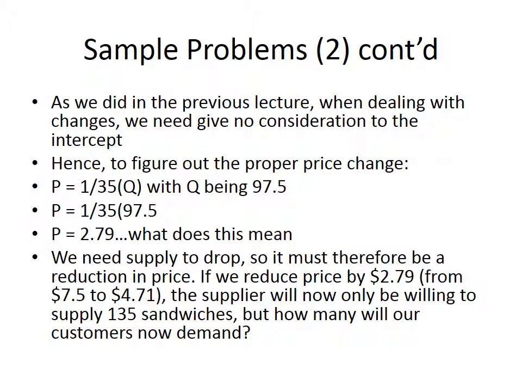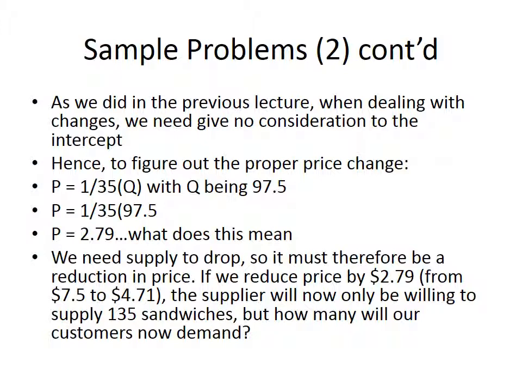You'll be moving down that supply curve. And so we need supply to drop, so it must therefore be a reduction in price. If we reduce the price by $2.79, which is to say from $7.50 down to $4.71, the supplier will now only be willing to supply 135 sandwiches. Perfect. We're golden. Great. That's how many our demanders were willing to demand.